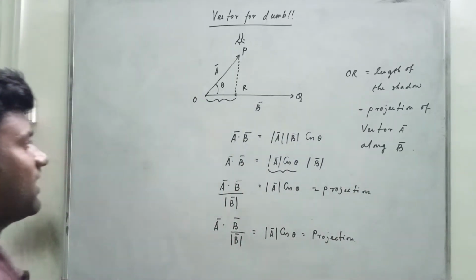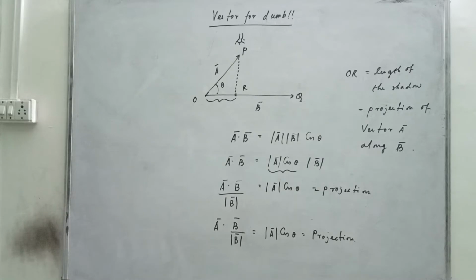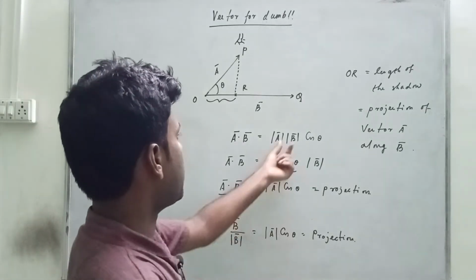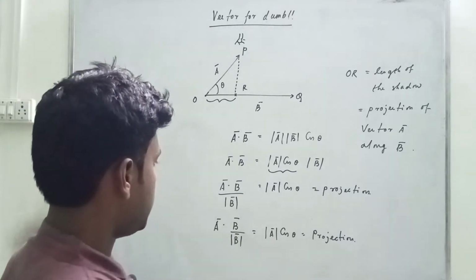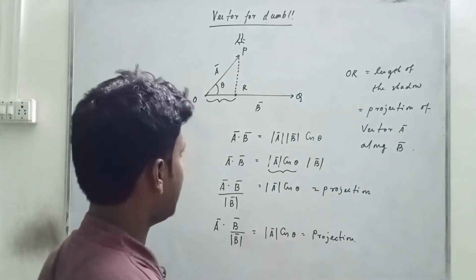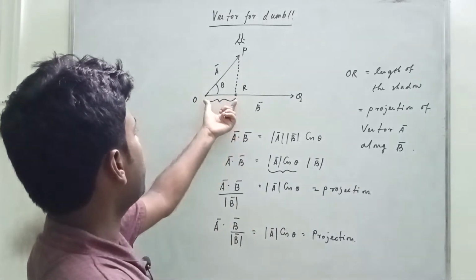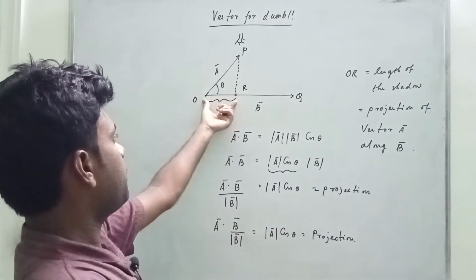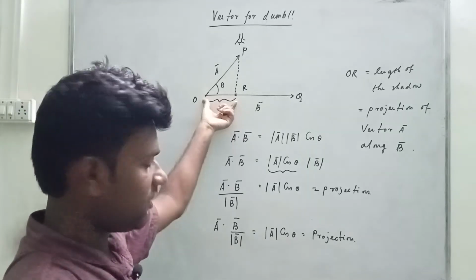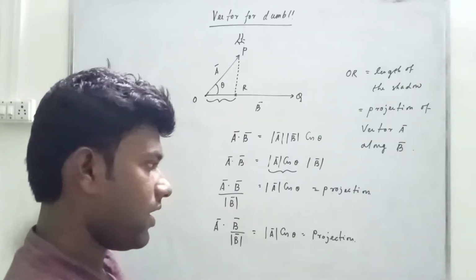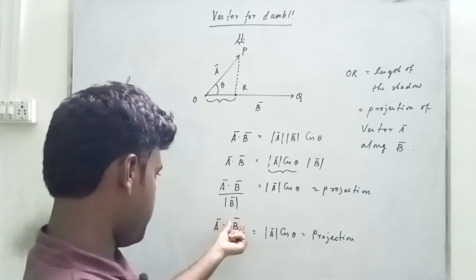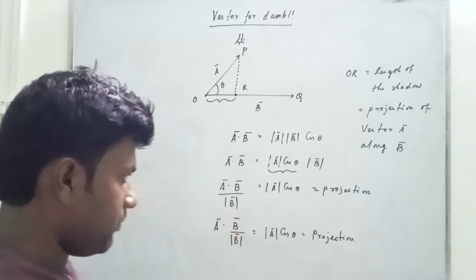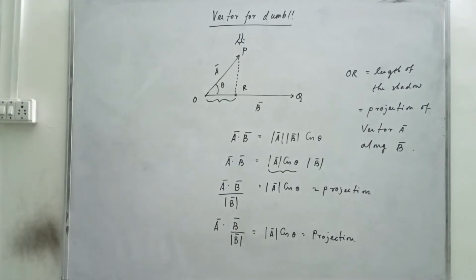Okay. So here is our crucial finding. A dot B means the magnitude of A, magnitude of B into cos theta, and here is a cos theta, that means the length of the shadow of vector A on B. The projection of vector A along the vector B is actually A dot vector B by magnitude of vector B, right?